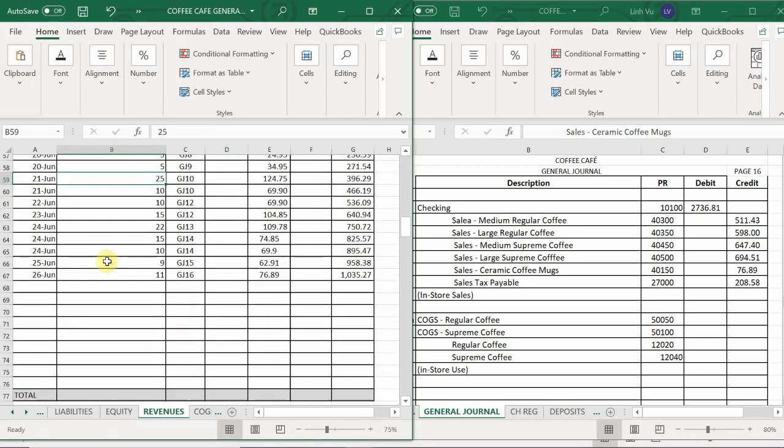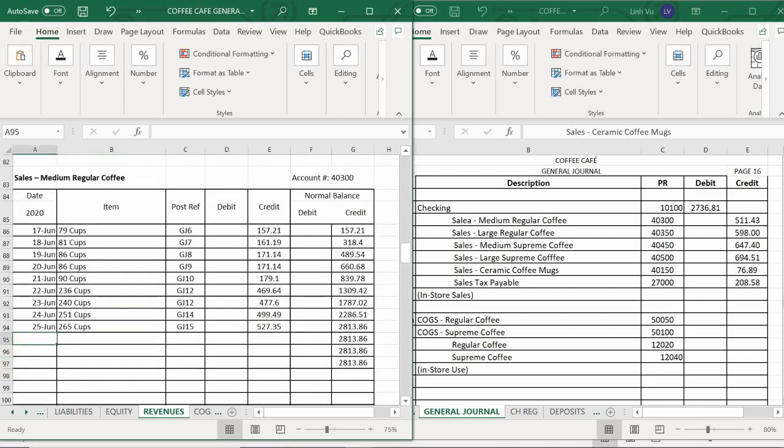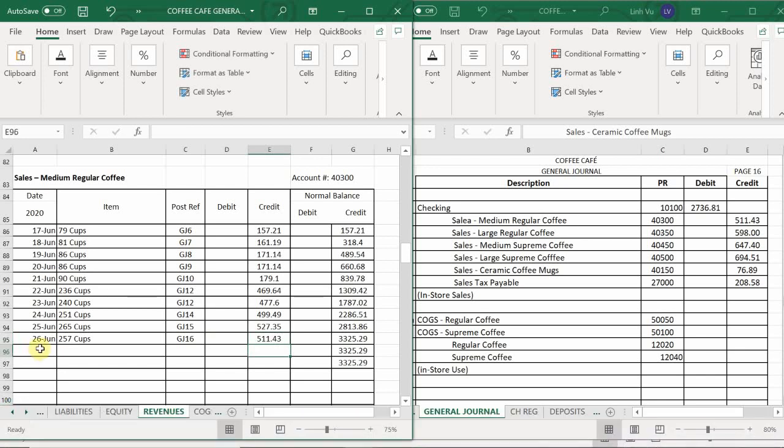Then from there, we're going to go to medium coffee. 626, 257 cups. 511 and 43, and balance is 3,325.29. Good.